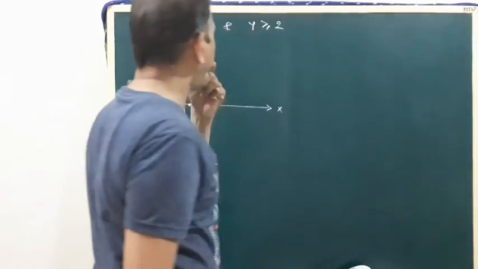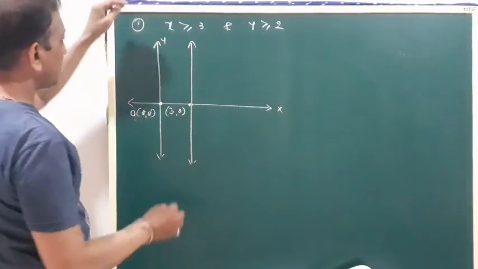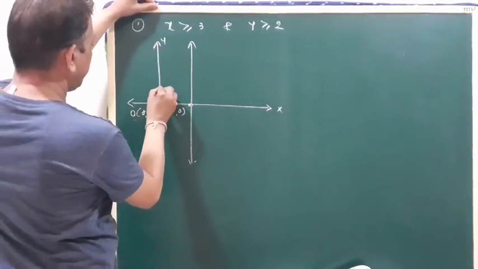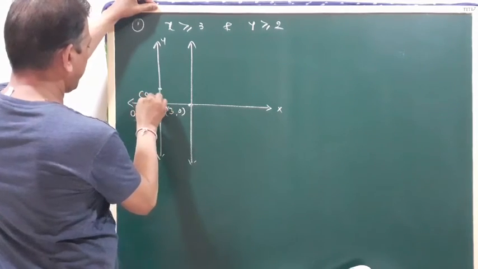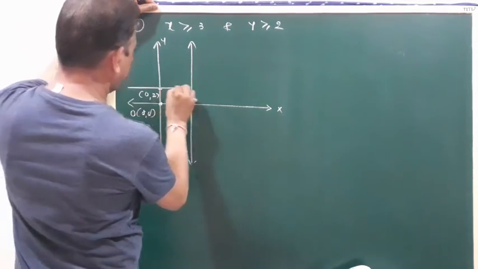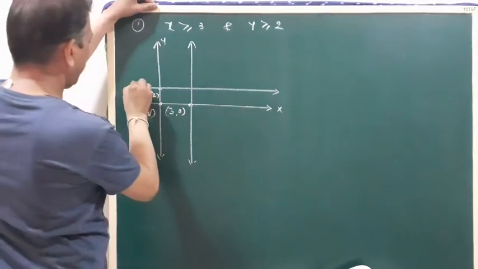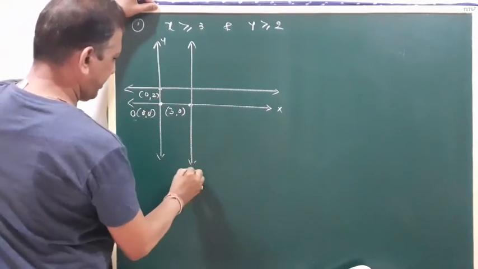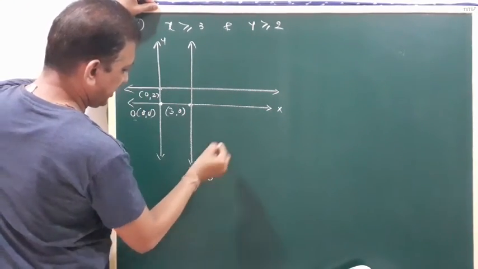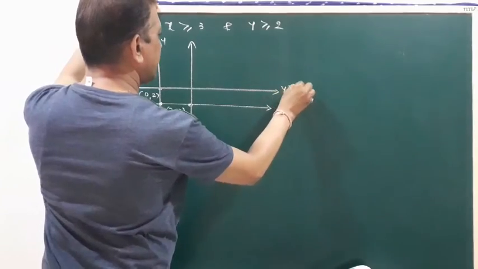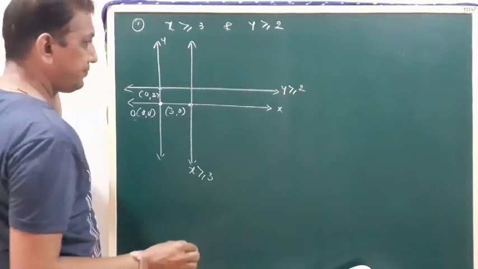Now y greater than or equal to 2. We take here 0, 2. Here x is greater than or equal to 3, and here y is greater than or equal to 2.